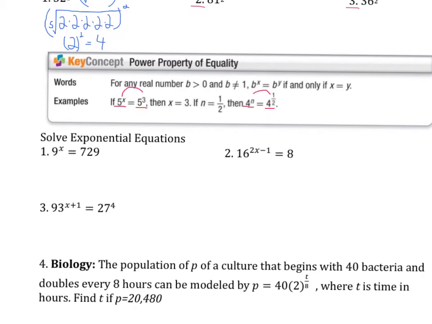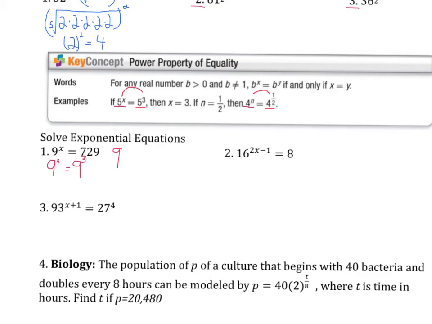So if we have 9 to the x power equals 729, well, what's another way we could express 729? I've used my calculator and messed around with the number 729 and found out that 9 to the third power is the same as 729.